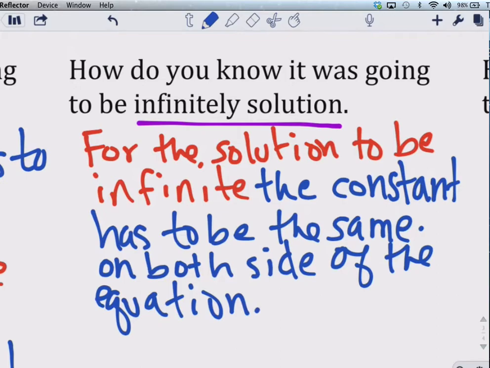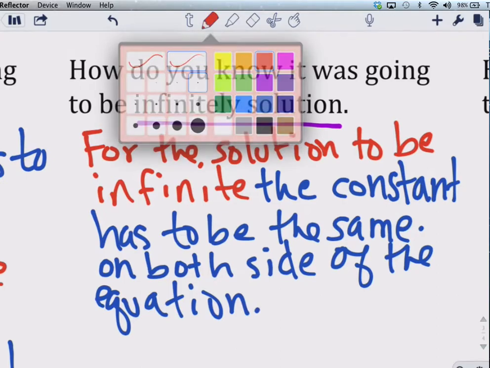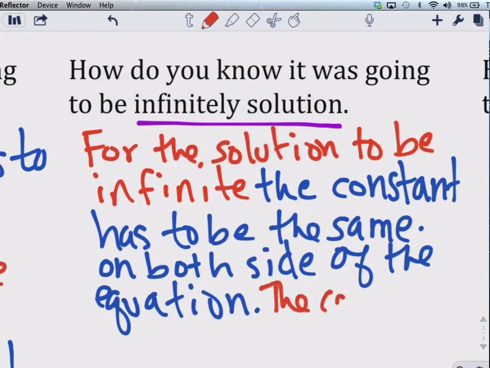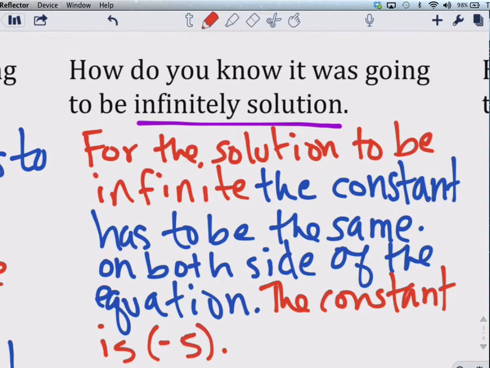And the constant in this case is negative 5 on both sides.